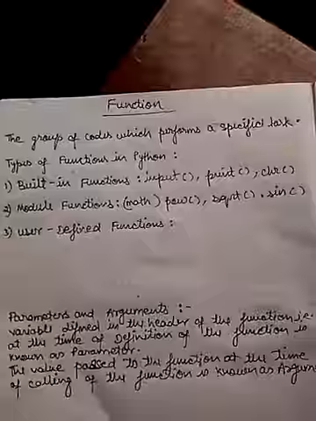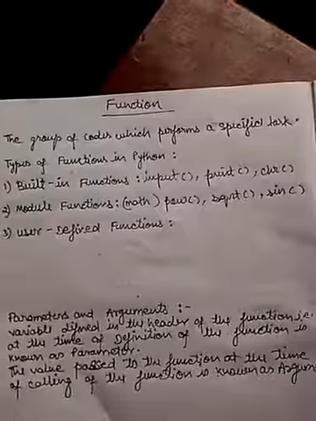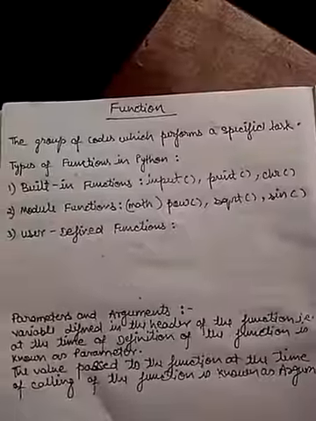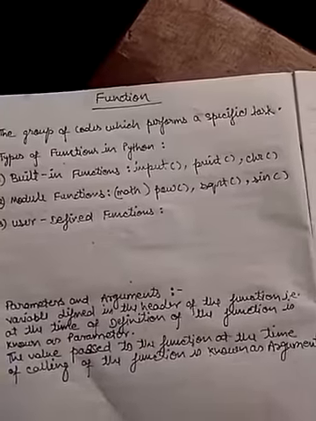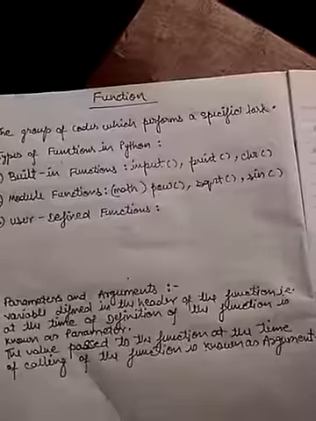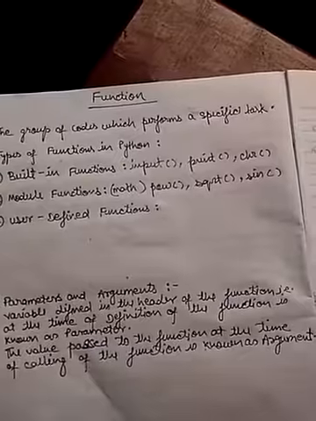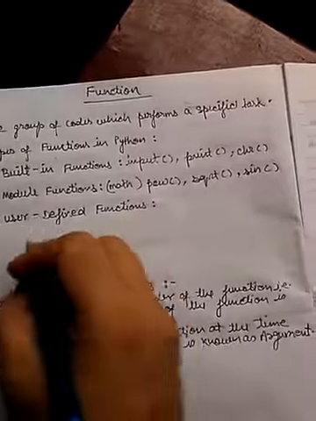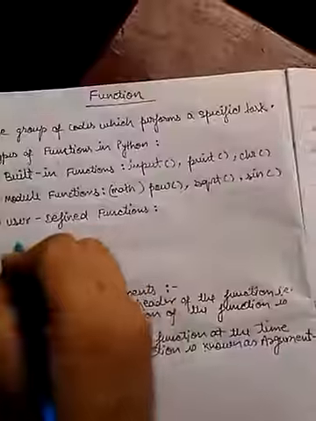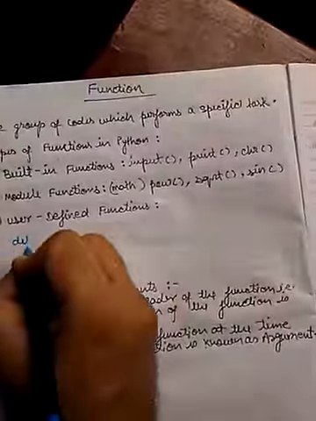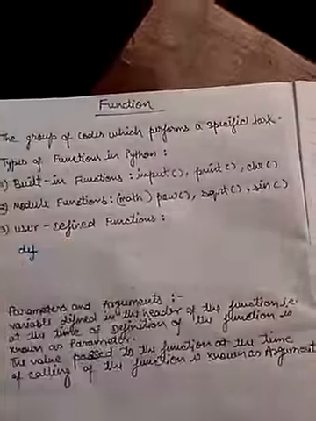Third is user-defined function. User-defined functions are those functions which are defined by the user to perform a specific task. For example, if we want to define a function to add two numbers, then how can you do that? To write a user-defined function, first you have to write def.